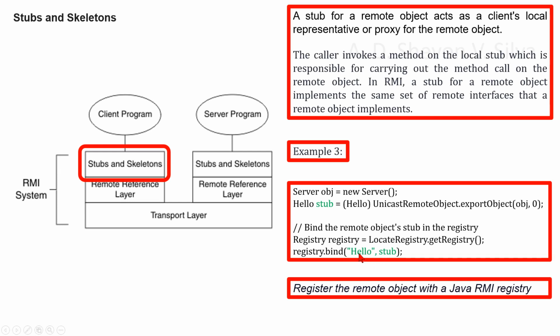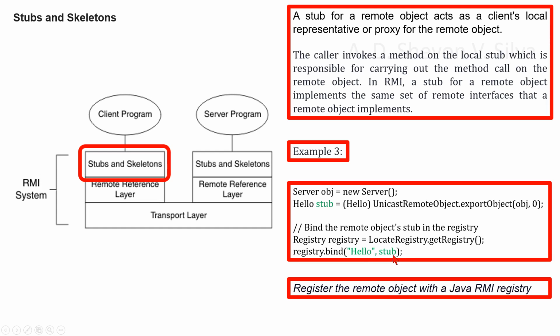In this code, the server obtains a stub for a registry on the local host and default registry port, and then uses the registry stub to bind the name hello to the remote object stub in the registry.